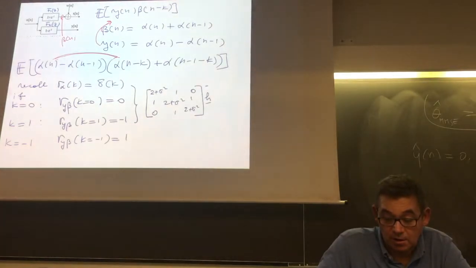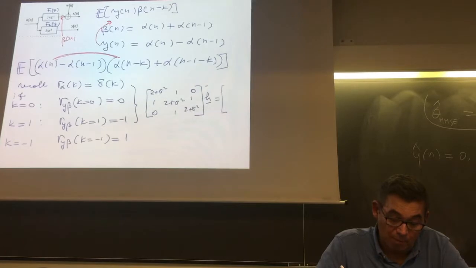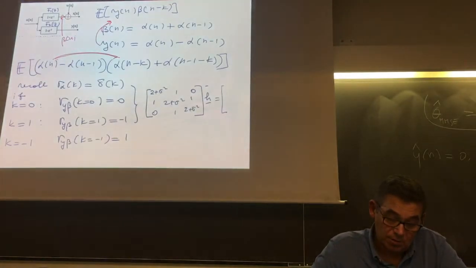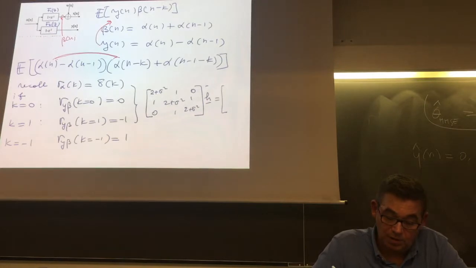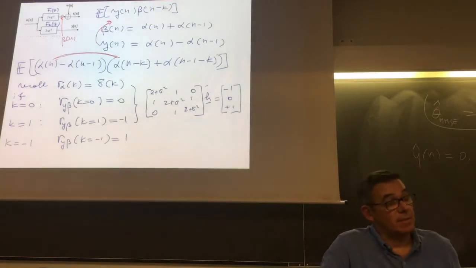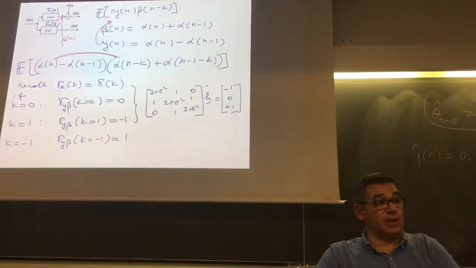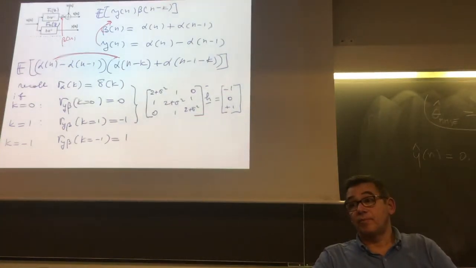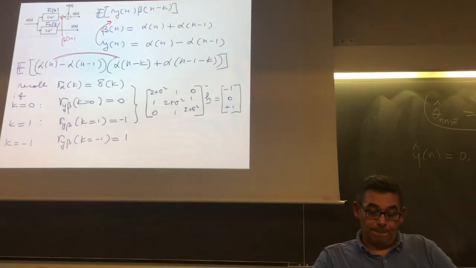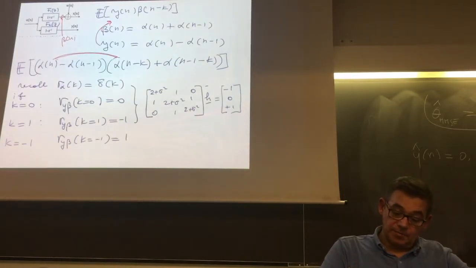Our h is equal to the vector, which is r y beta at minus k, minus 1, 0, plus 1. That's my estimator. So, inverting the matrix for different alpha, I get the estimator. That's the MVC.